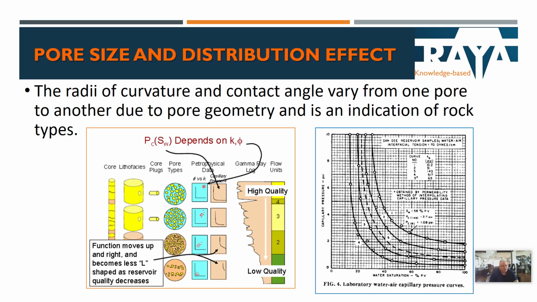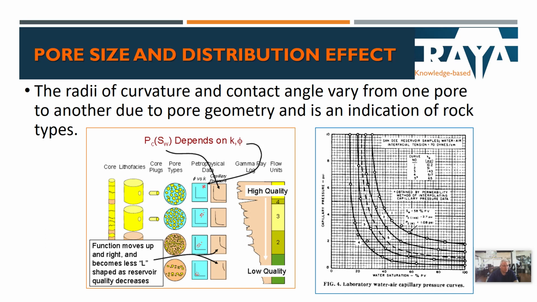That's why for each rock type the contact angle and the radius of curvature vary, and that's a very important effect, which changes the shape of the PC curve.